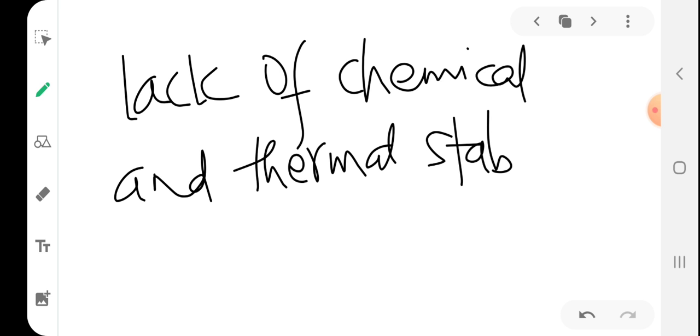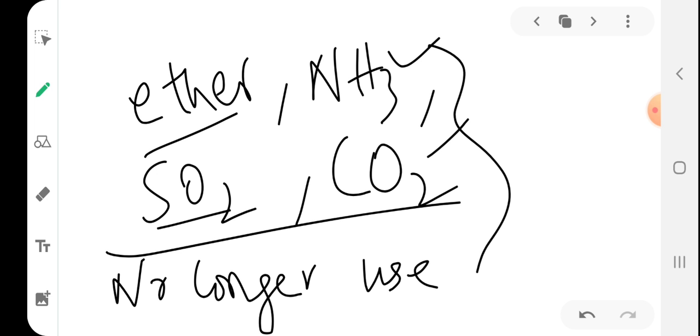So these compounds are not chemically or thermally stable for use. These compounds are discarded now.